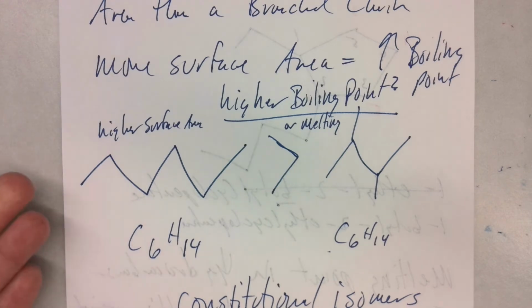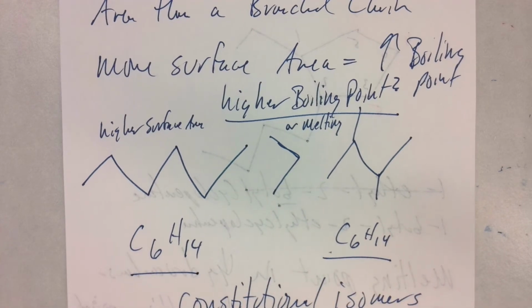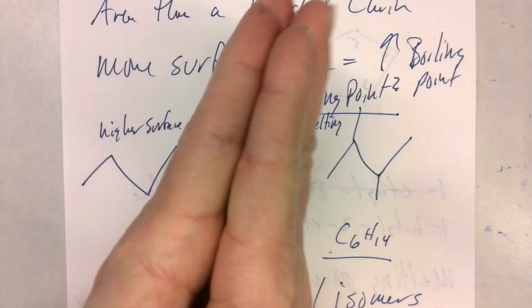But why does the surface area impact the melting and boiling point? If it has more surface area, it takes more to burn it or to melt it. There's more of it, I guess. I don't know. Well, the formula is the same, though. So there's not technically more, but what it has to do with is, is it more spread out?